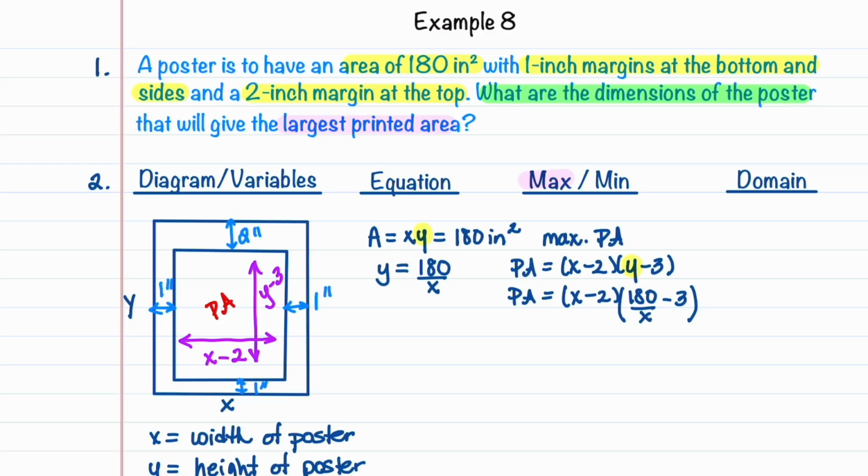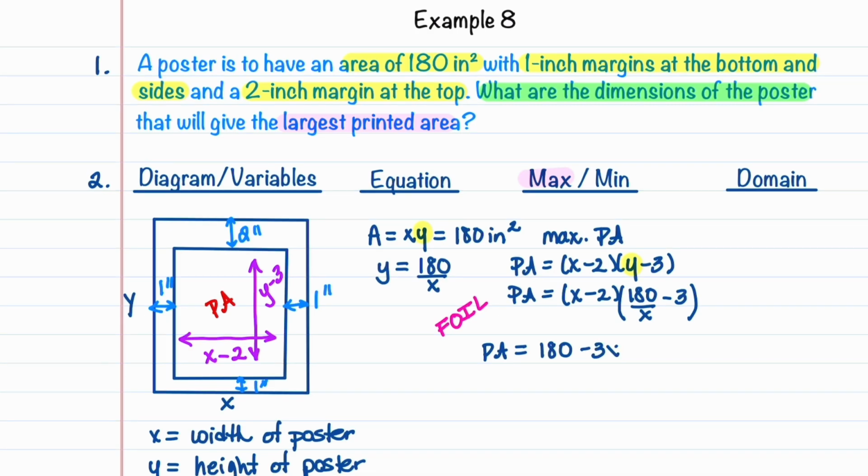So let's use the FOIL method and multiply these two quantities. Our printed area, and let me write FOIL up here because that'll help us. The first terms are x times 180 divided by x, so that's just 180. And then we multiply the outer terms, and that gives us a minus 3x.